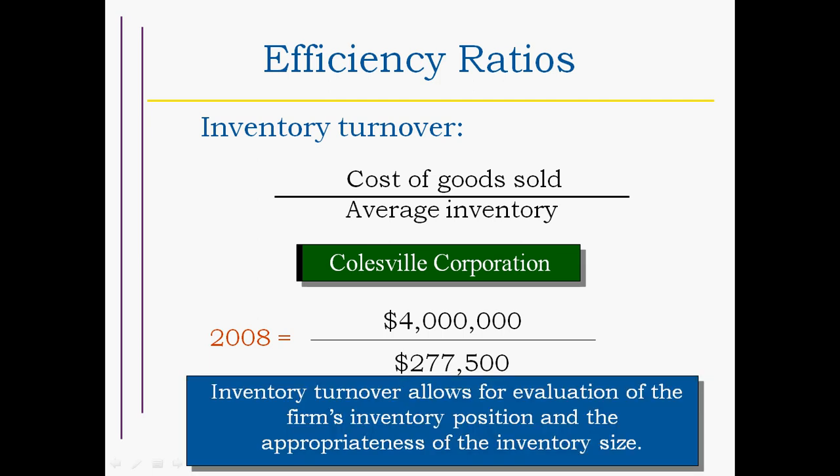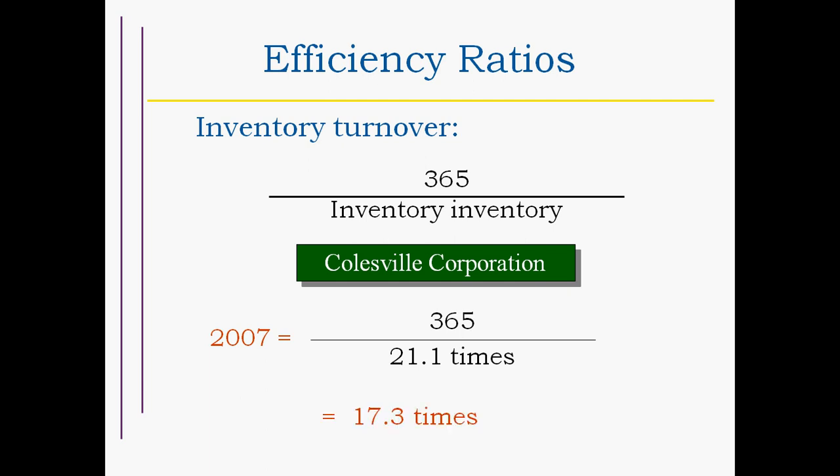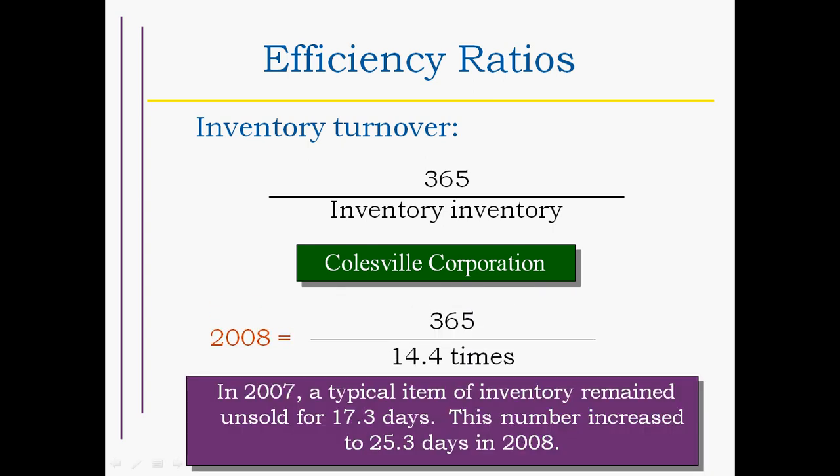So it means turnover allows for the evaluation of the firm's inventory position and the appropriateness of the inventory size. 17.3 days is 2007, and in 2008 is 25.5 times. And as you can see, typical items in inventory remain unsold 17.3 days in 2007, but the number increased to 25.3 days in 2008.